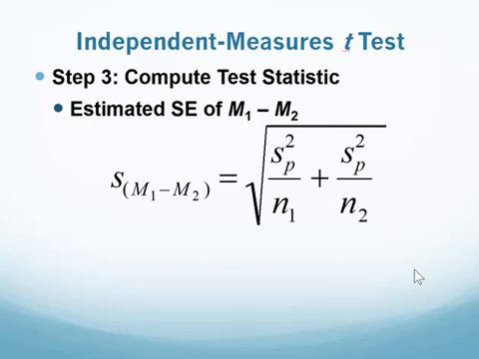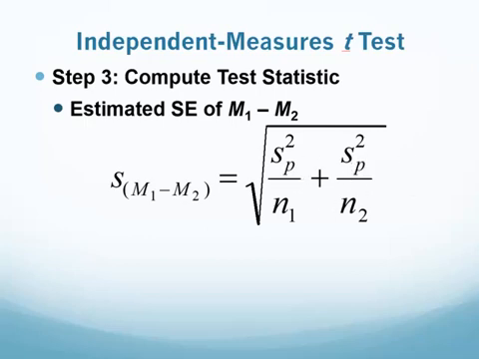My suggestion for doing this equation is to break it up in pieces. First, divide the pooled variance by sample size 1 and write that number down. Then divide the pooled variance by sample size 2 and write that down. Then add them together, and find the square root of that sum. Note, this pooled variance is always going to be the same in both of these little fractions under the square root.